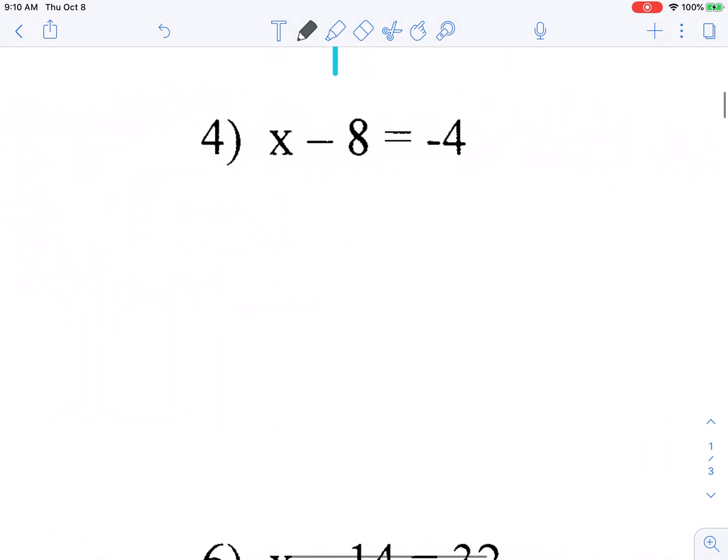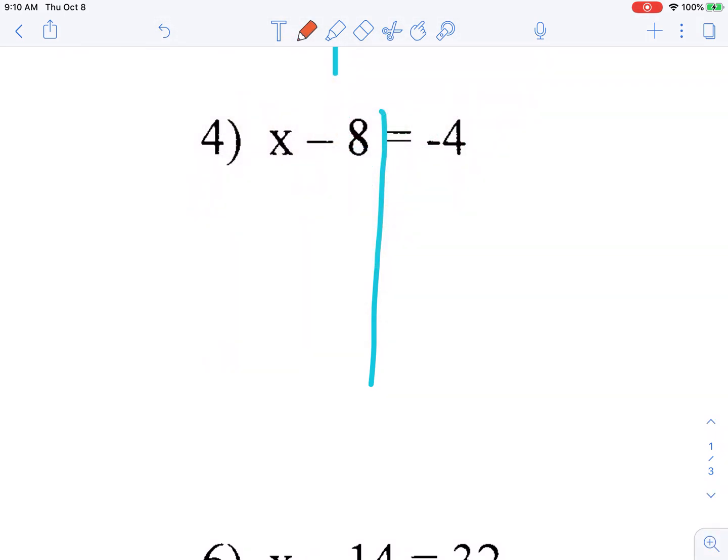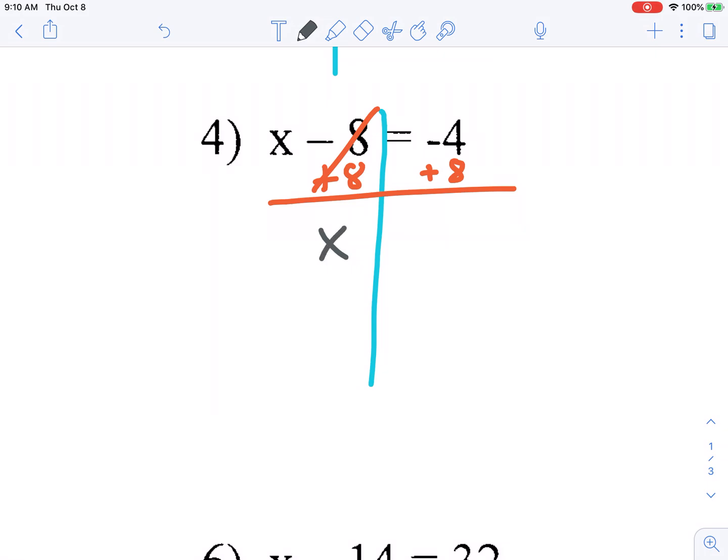Okay, this one. Oops, sorry about that. I'm going to drop my line. This time my x is on the left. And so to get rid of this minus 8, we want to add 8. And now I notice that on the left, I just have x, but on the right, there's a -4 and a +8.